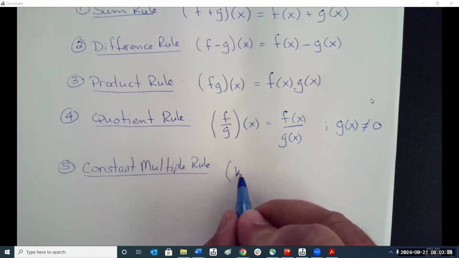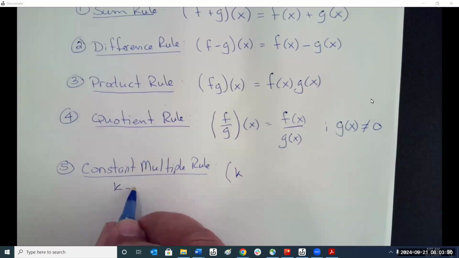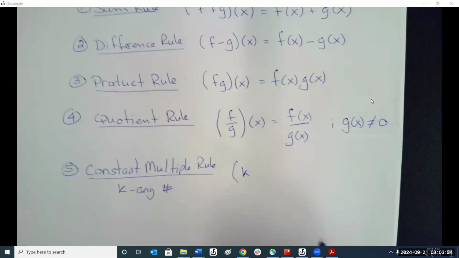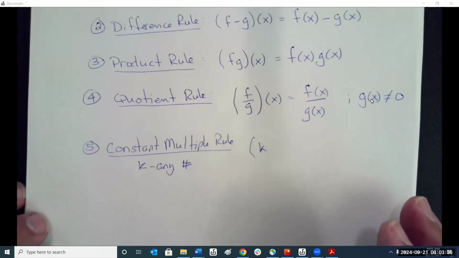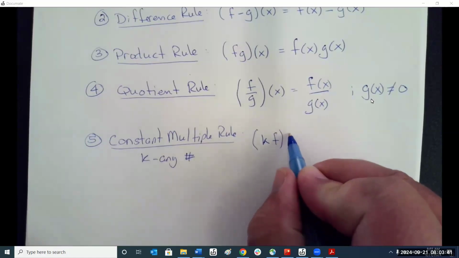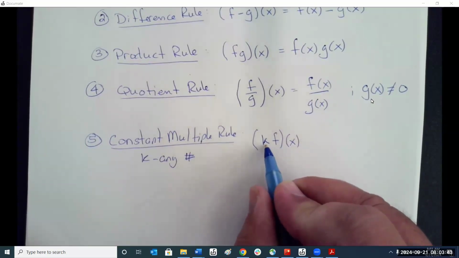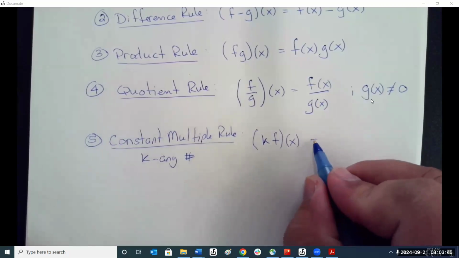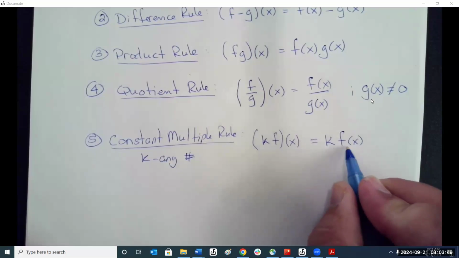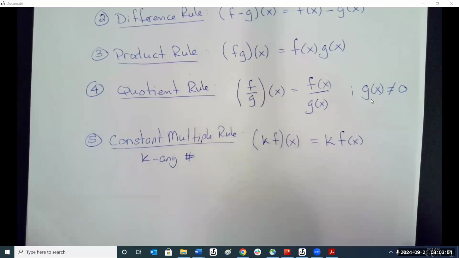If you have k, so k is any real number. So if I have k times f, well, the only function is f, k is just the coefficient. That's the same as me finding the value of f of x first and multiplying by the coefficient.